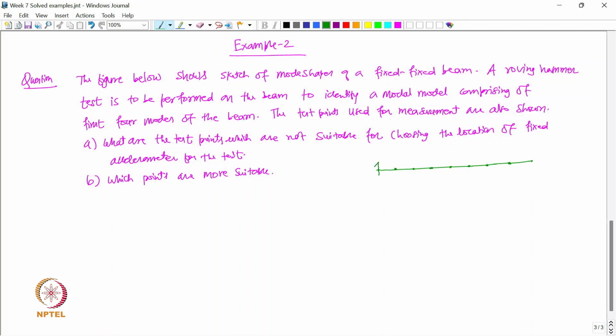So, this is the fixed beam like this, and then we have point 1, 2, 3, 4, 5, 6, 7, right, and the first mode shape is something like this.